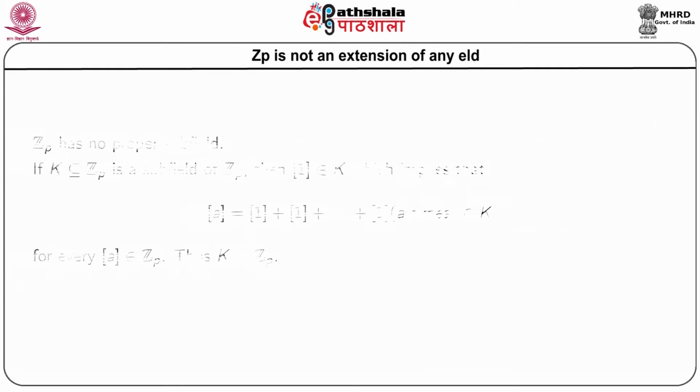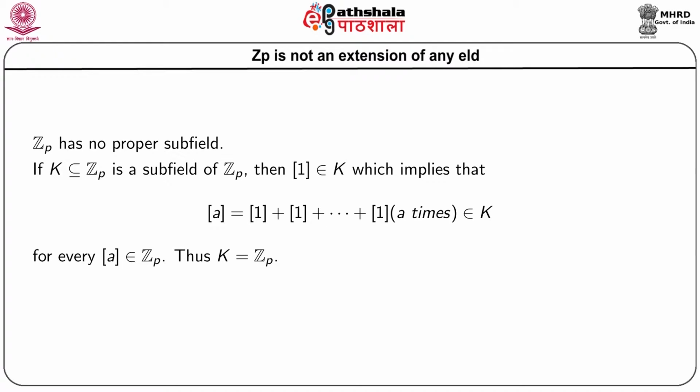Our next example is the ring of all integers modulo a prime P, that is Zp. If K is a subfield of Zp, then 1 belongs to K, which implies that for any a in Zp, a is equal to 1 plus so on plus 1, a times, and hence a belongs to K. Thus, it follows that K is equal to Zp.